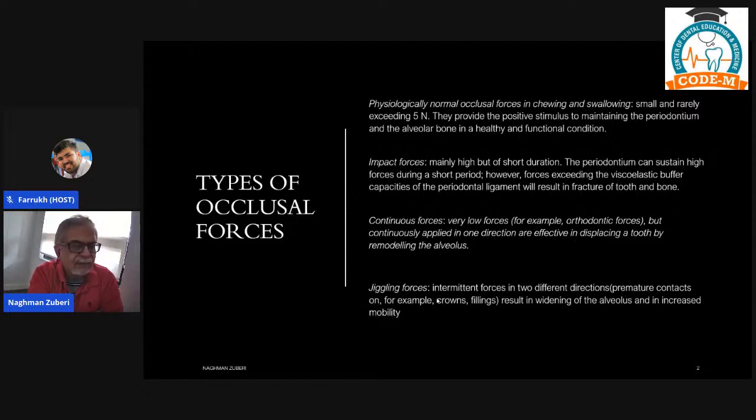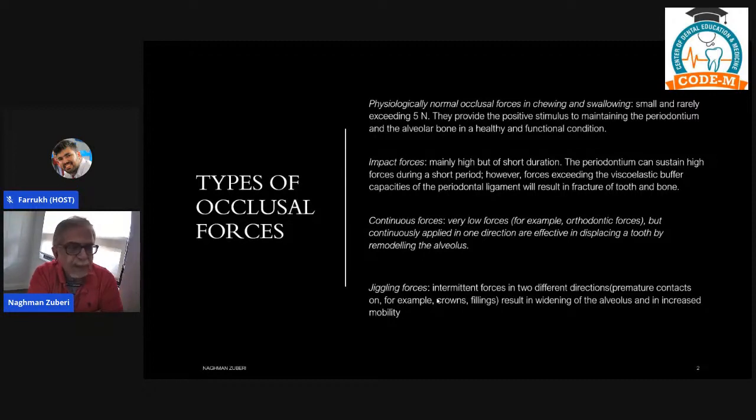At times, we bring the tooth out of occlusion temporarily in case of some excessive forces, which could be because of any reason, by selective grinding, and then we can go for recusping or crowning of the tooth and bring it back to the normal functioning status. Normal functioning status, where physiological forces are present from the antagonists, is very important for the health of supporting structures.